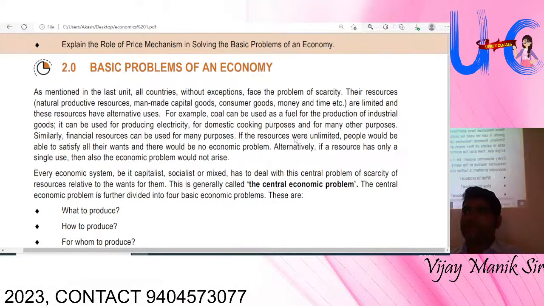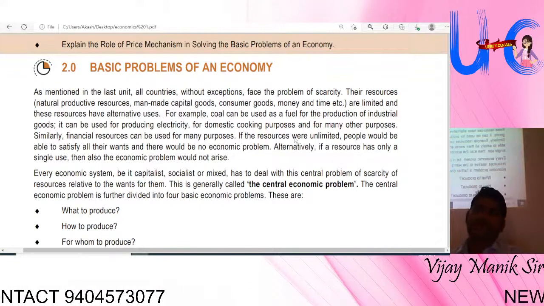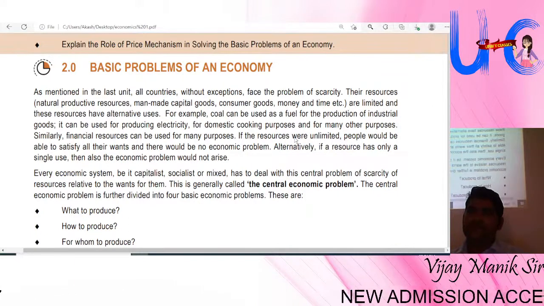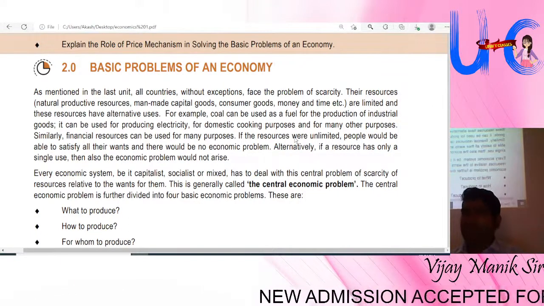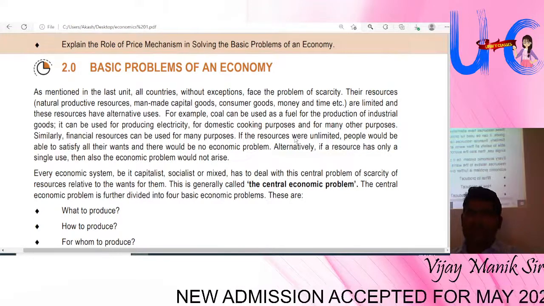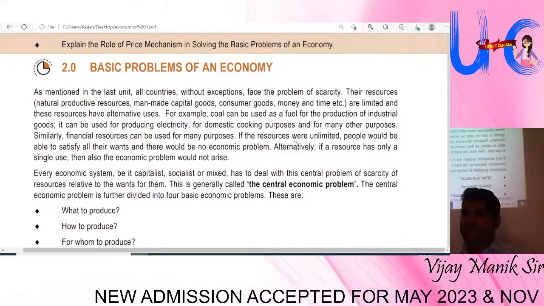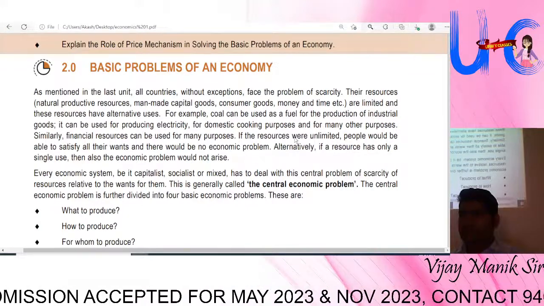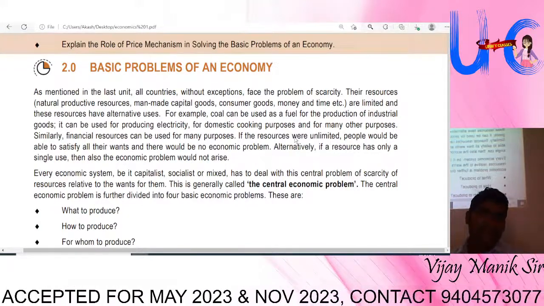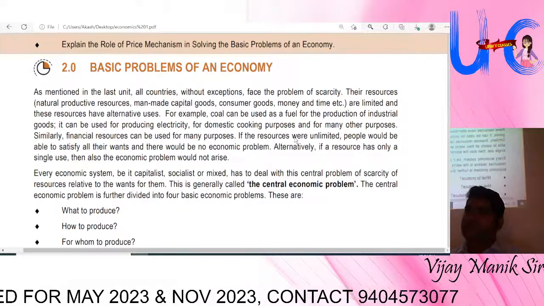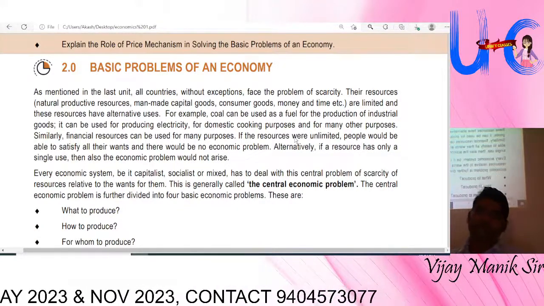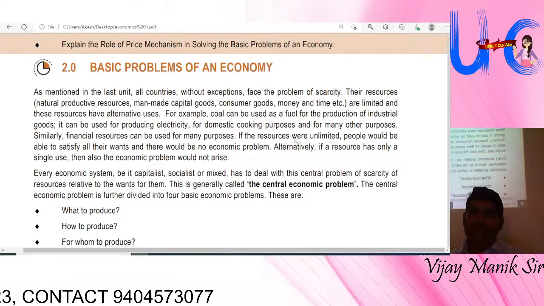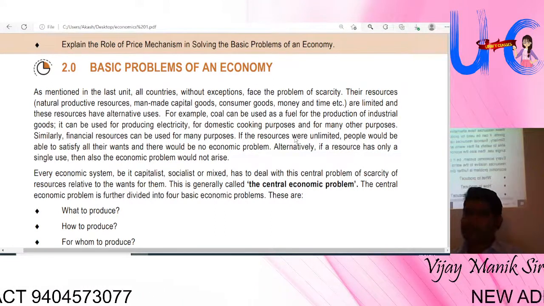Yes, the control of the economy is private, not government, not public. Okay, private. That's why we can say capitalist. Capitalist means the person or firm or industry has full control over the economy itself. That's why it is a capitalist economy.